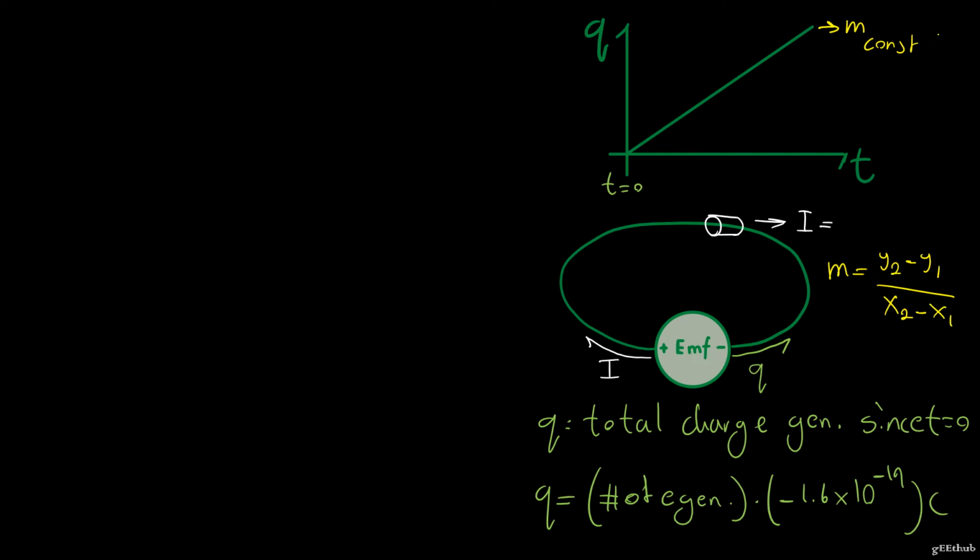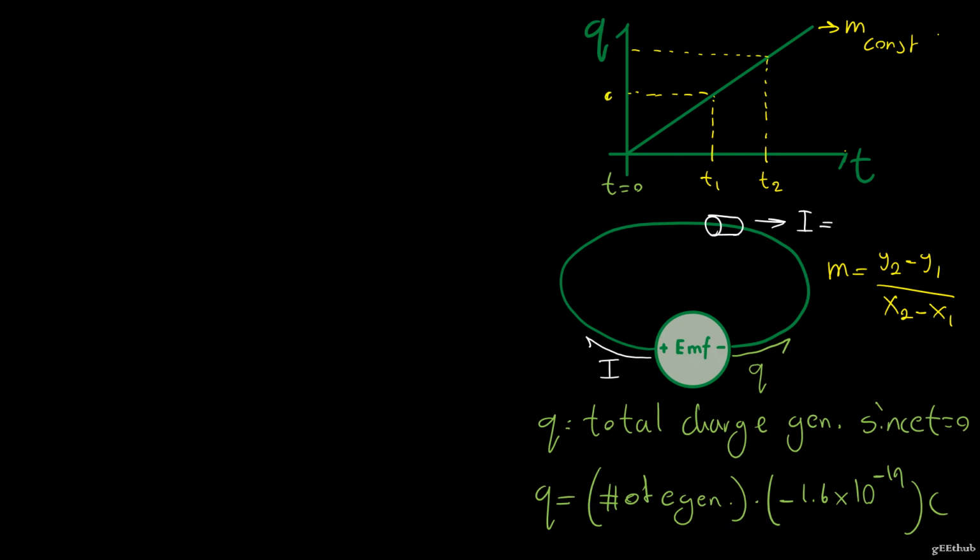Since my slope is constant, I'm just going to choose two arbitrary points, and calculate how much current has been generated within that time.